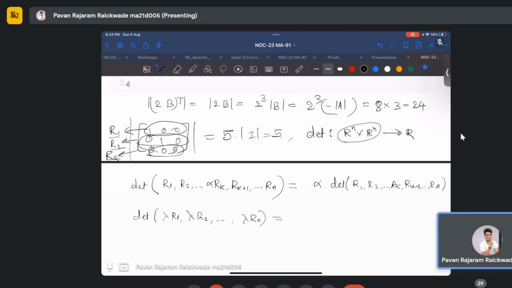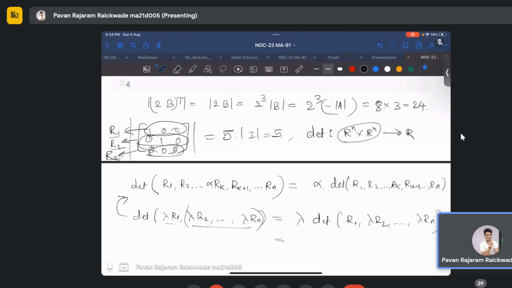You do the same operation as here, but each time for just one fixed row. Keep all the other entries the same and use the above formula for just the first row. Then it will be lambda times the determinant of R1, lambda R2, until lambda Rn.